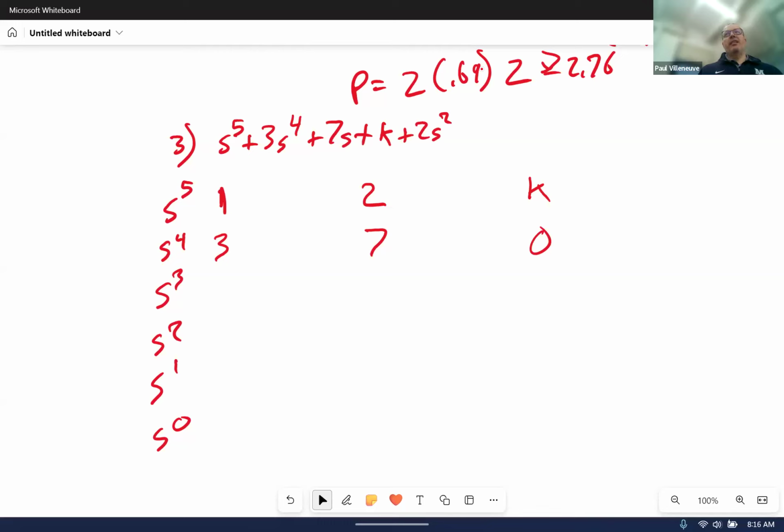Did not agree with that zero, because where's the s cubed term? And do you remember the necessary and sufficient conditions?